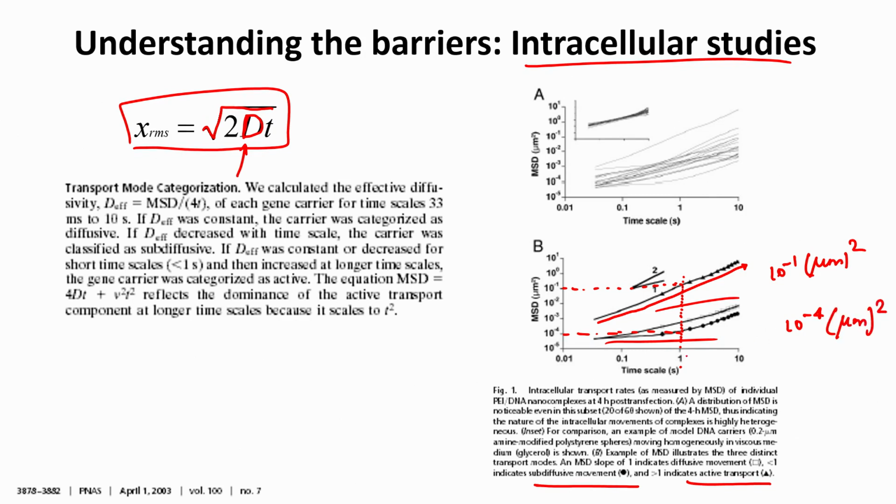So, the diffusion is actually increased, the movement is actually increased by 3 orders of magnitude, which is a huge improvement in translocation. So, somehow if you can get the active transport to work, you have much better chance of getting your cargo into the nucleus.